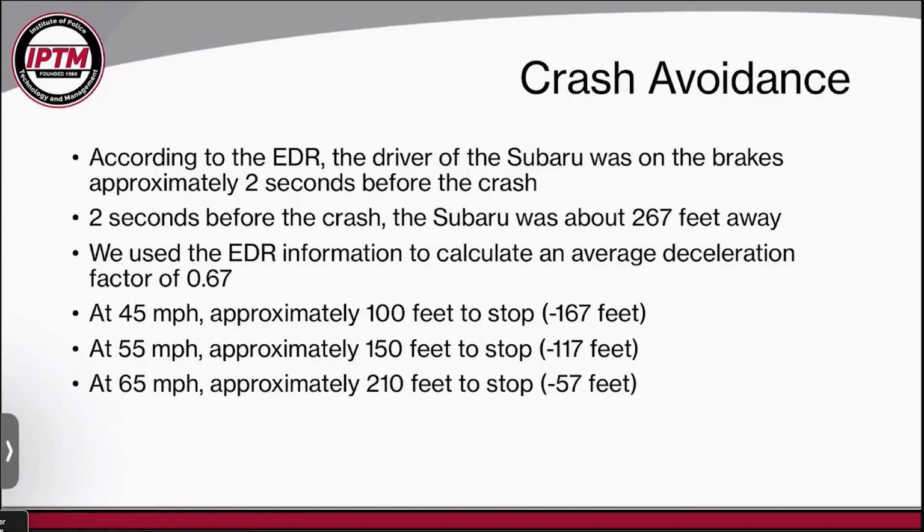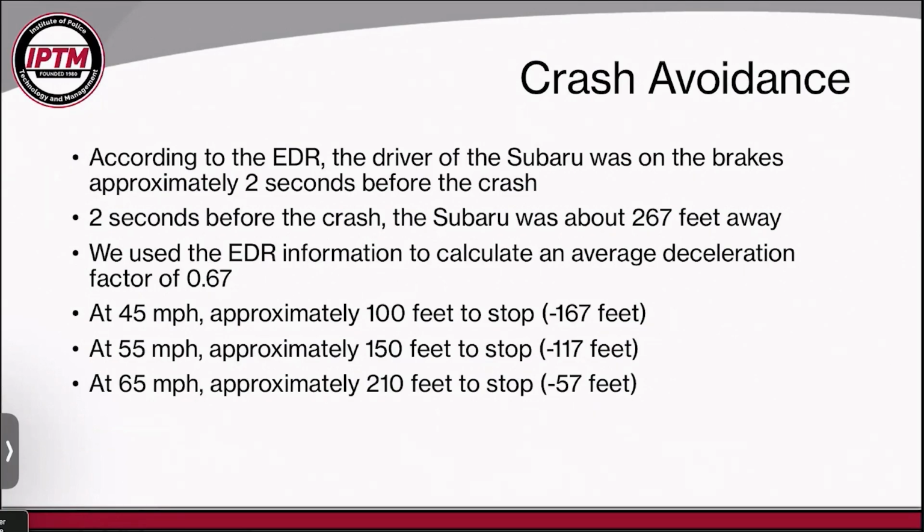The crash happened because there were specific things that occurred in sequence leading up to the crash. But what we're looking at here specifically is the response that the driver of the Subaru had, to see how, if at all, it played into things or if things could have been different.